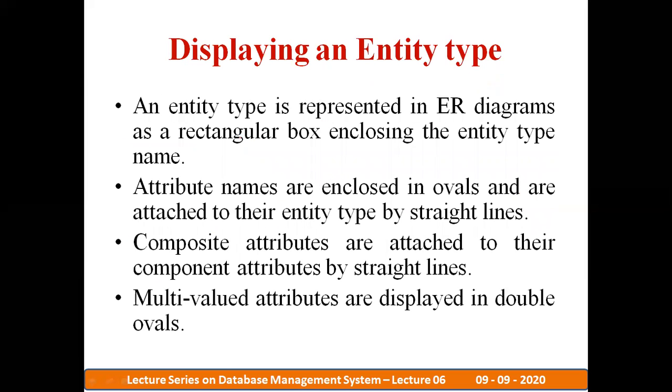Now, how are we going to display the entity type in an ER diagram? An entity type is represented in an ER diagram by a rectangular box enclosing the entity type name. For example, if I want to store the company, I will put a rectangular box like this, then I will write the name here as company.